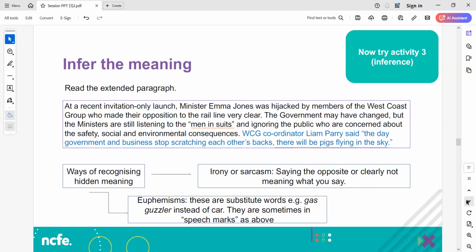So rather than the ministers are still listening to big business or the people with the money, it says men in suits. So often you would find those in speech marks or maybe italics. Okay, so any questions about inference?